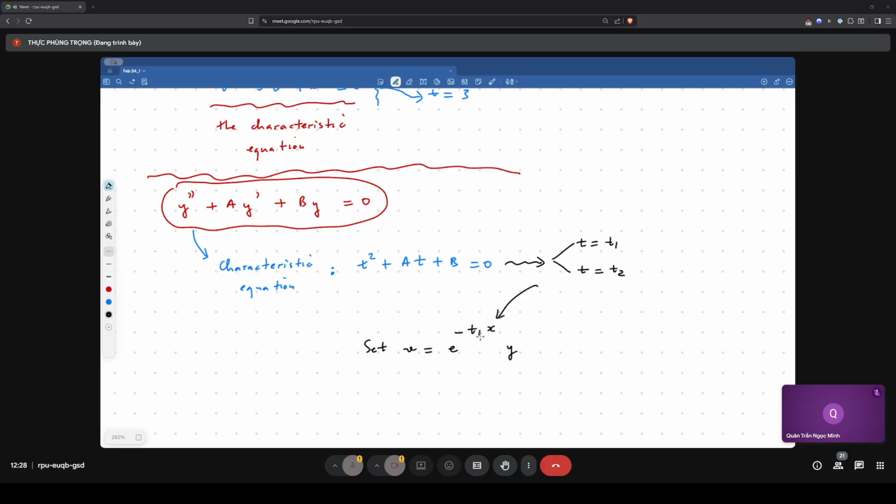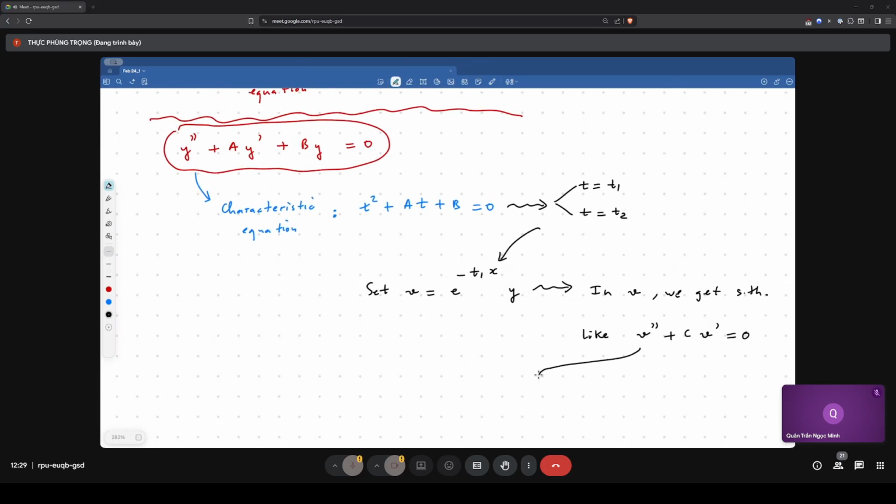If you want, you can write t2 right here, no problem. So in v, we get something like the one you see in example 1. We get v double prime plus some c v prime equals 0. C is a constant.